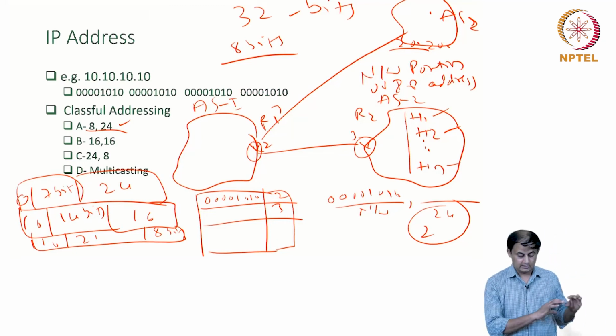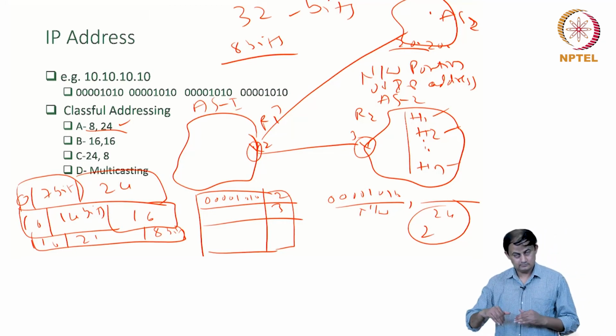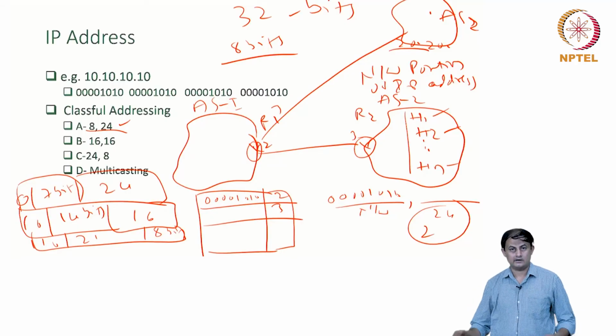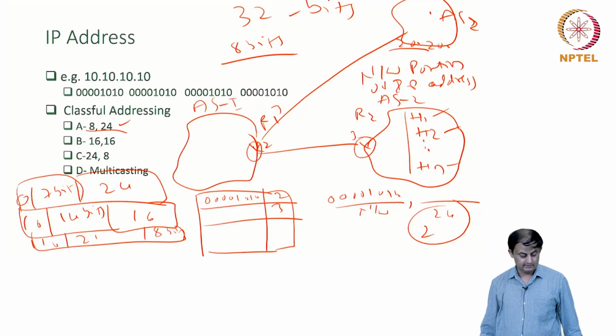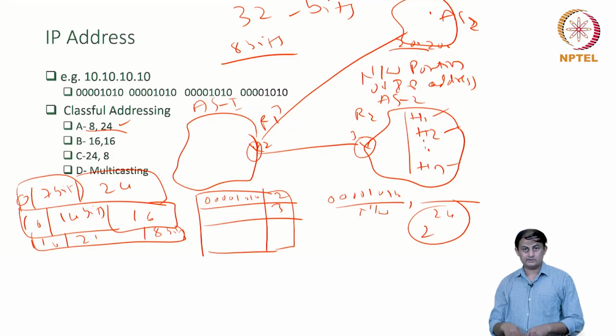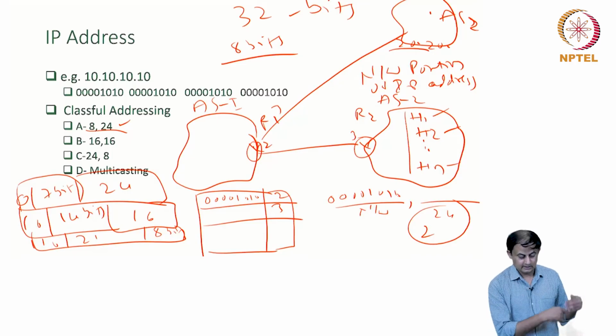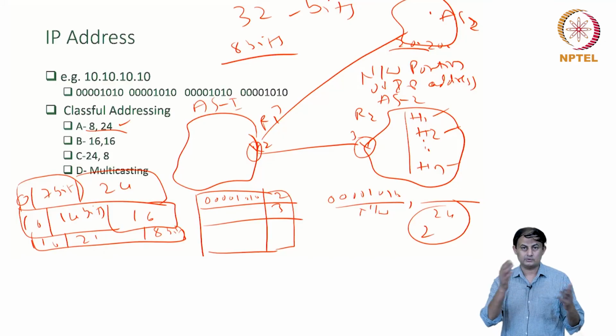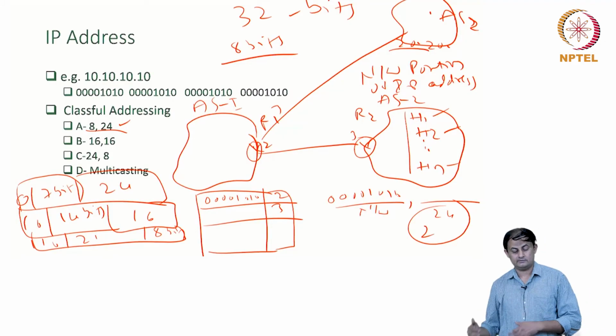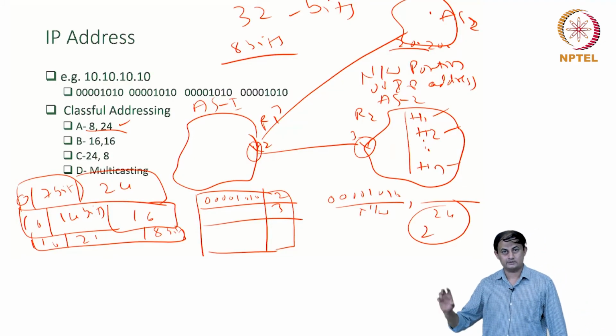So if you use a class C address, the maximum number of hosts you can have is 2 to the power of 8, and the maximum number of distinct networks or autonomous systems is 2 to the power of 21. If you use class B, you get 2 to the power of 14 different networks, and 2 to the power of 16 distinct hosts within each of those networks.